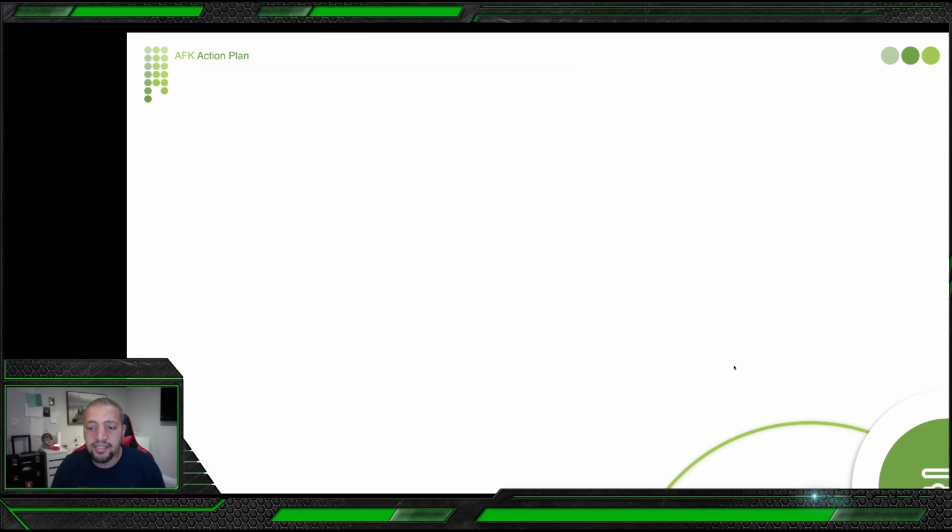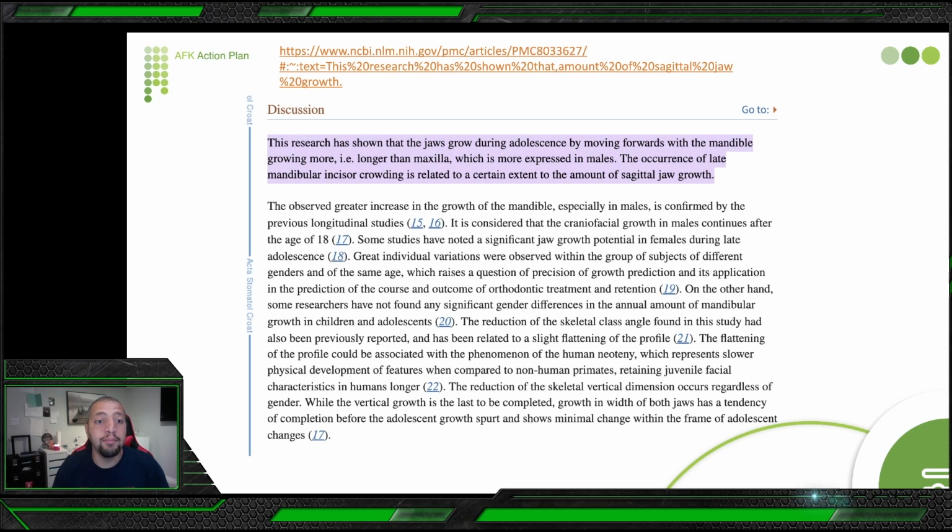As we discussed this, let's speak about the mandible itself. Research has shown that the jaw grows during adolescence by moving forward, with the mandible growing more than the maxilla, which is more expressed in males. The occurrence of late mandibular incisor crowding is related to a certain extent to the amount of sagittal jaw growth.